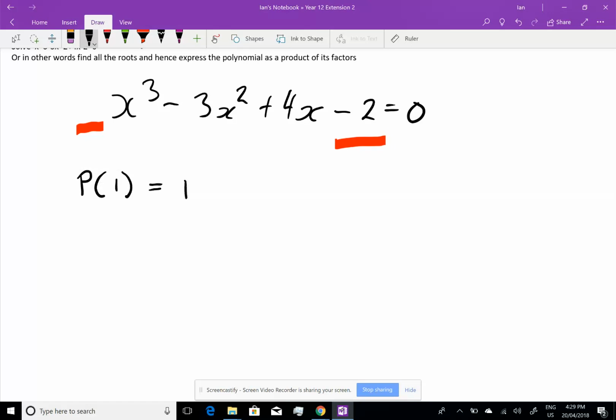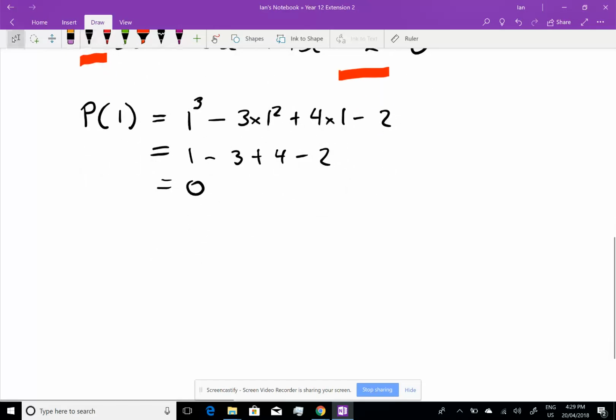I always try 1 first. 1 cubed minus 3 times 1 squared plus 4 times 1 minus 2, and that'll give me 1 minus 3 plus 4 minus 2, and that is 0. So I know x equals 1 is a solution.